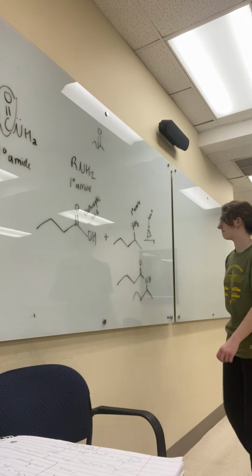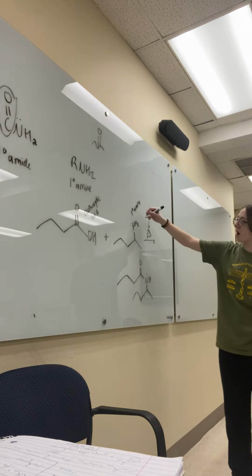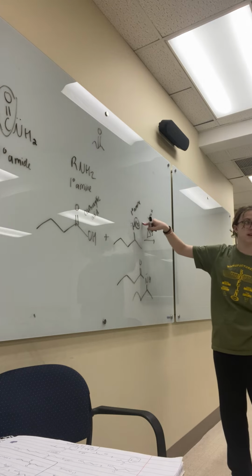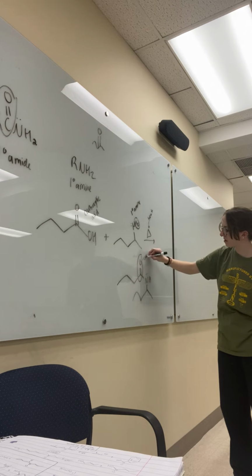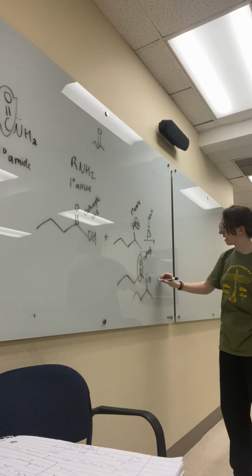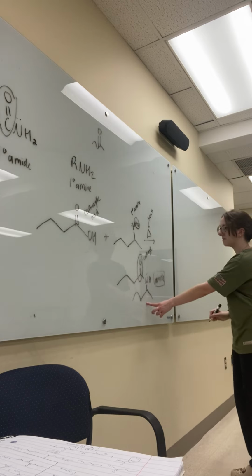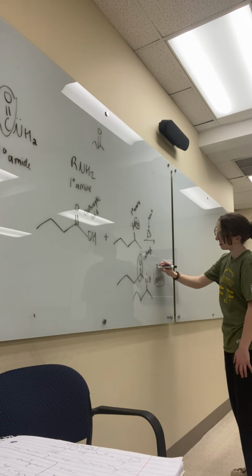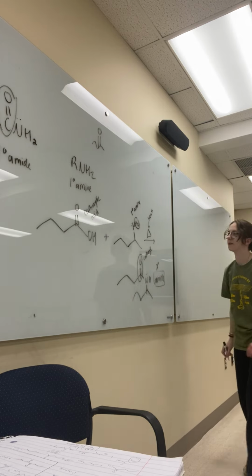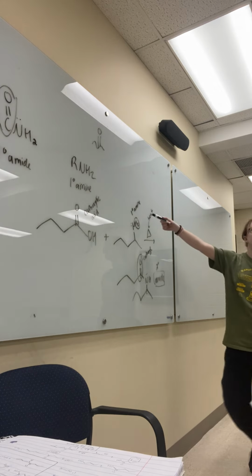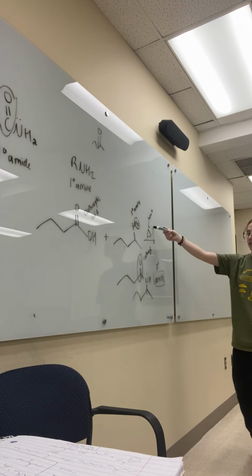This is what you're gonna get. When you add heat, you're gonna be dropping one of the hydrogens on here, and so it can then bond to the carbonyl and form that amide. And this amide is now secondary because it's bonded to one carbon here and one carbon here. So it went from a primary amine to a secondary amide in the presence of heat.